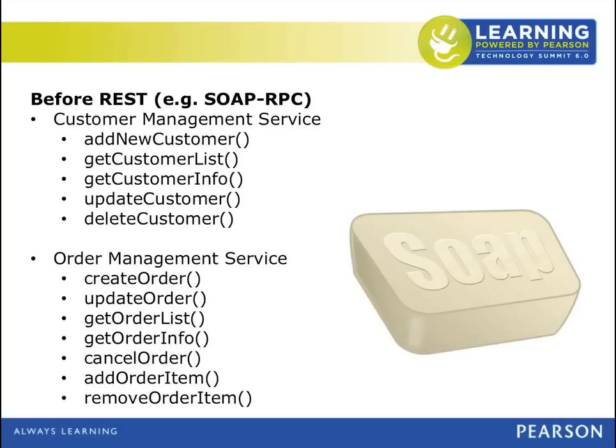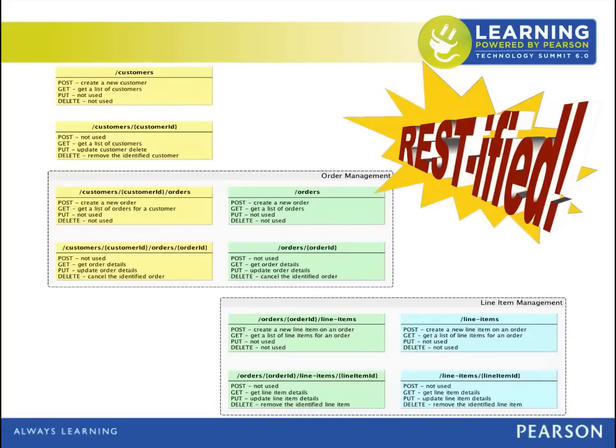So from a RESTful standpoint, we just have endpoints, a customers endpoint, that if we post to it, that means we're going to create a new customer. If we get that URL, then we're going to get a list of customers.